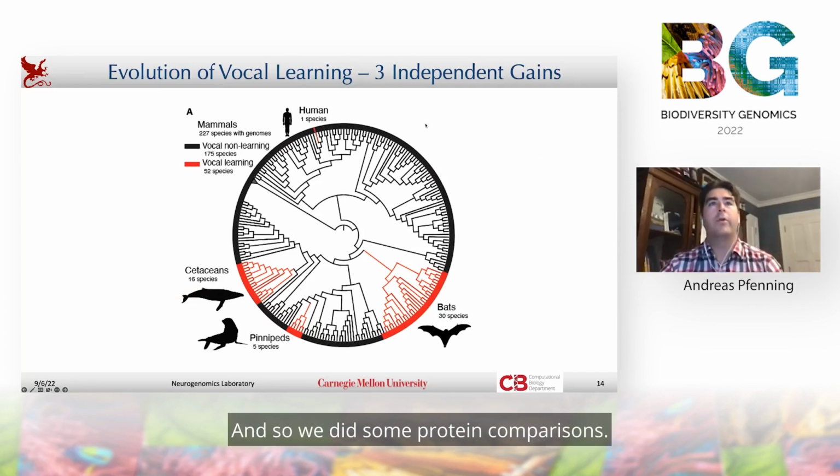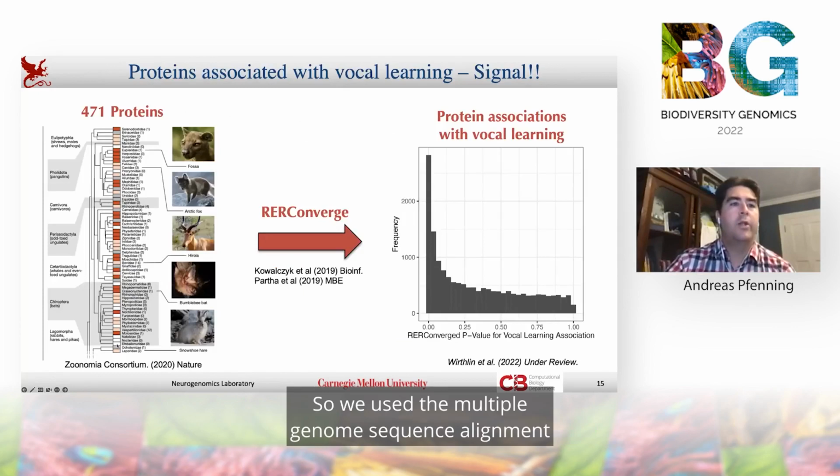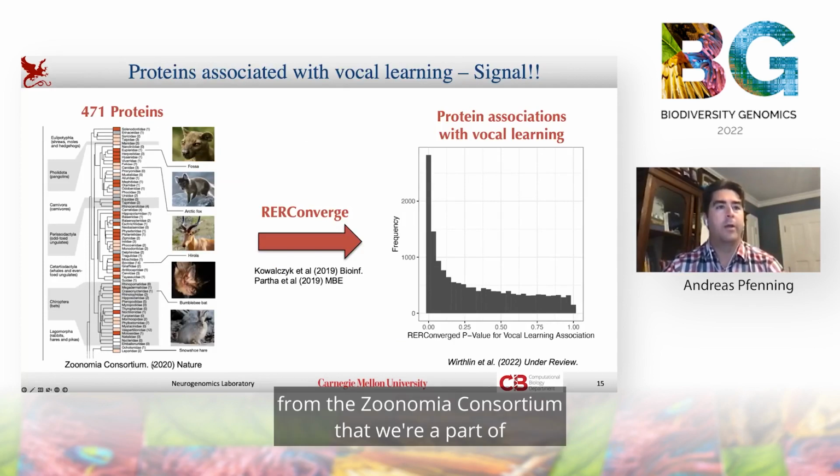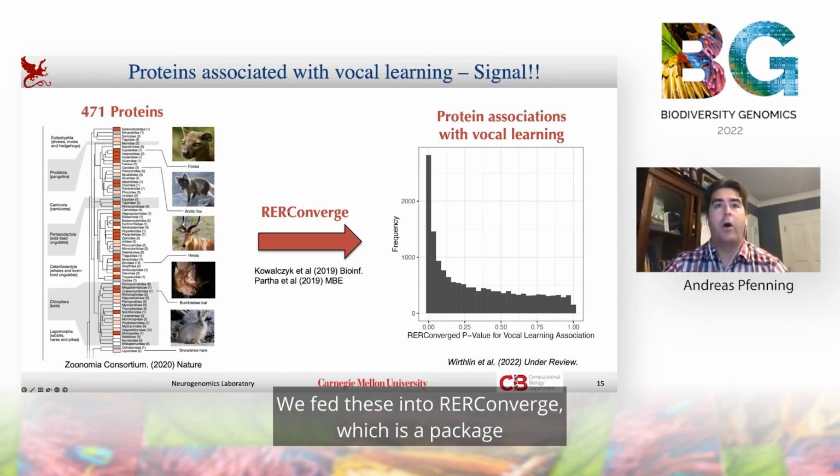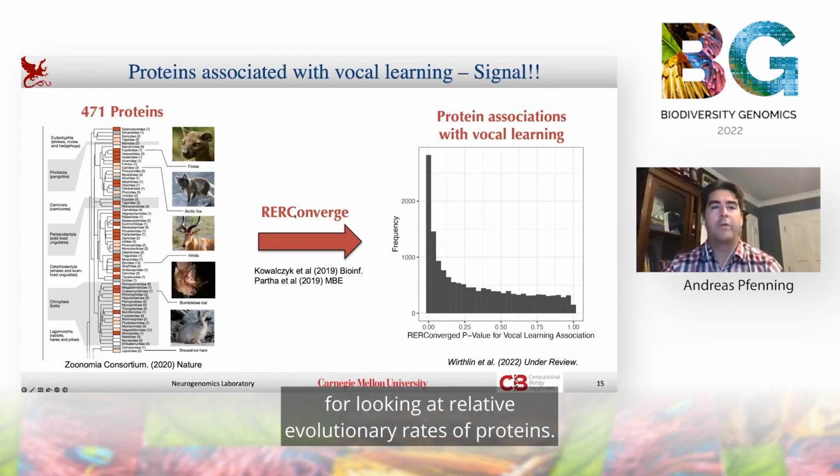And so we did some protein comparisons. We used the multiple genome sequence alignment from the Zoonomia consortium that we're a part of for 471 proteins. We fed these into RERconverge, which is a package for looking at relative evolutionary rates of proteins.